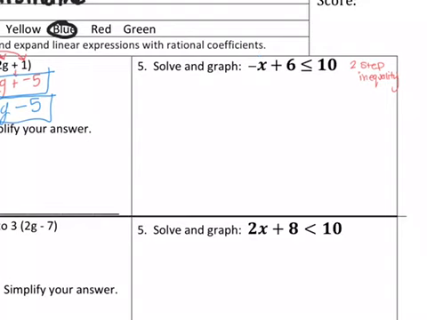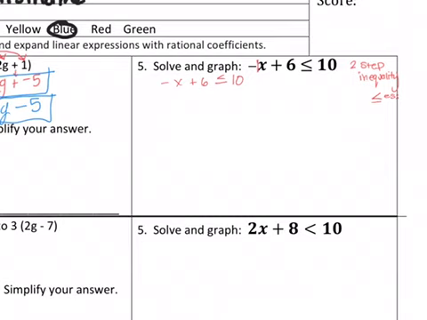So I'm going to write negative 1x plus 6, and that is less than or equal to. So remember, less is written like that. So we have negative x plus 6 is less than or equal to 10.